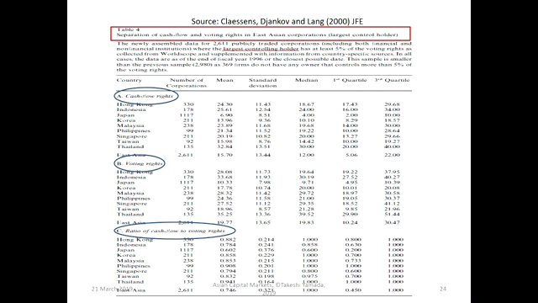This is the result I was showing you last time, and if I may, I'll review it again. Panel A is cash flow rights and voting rights.